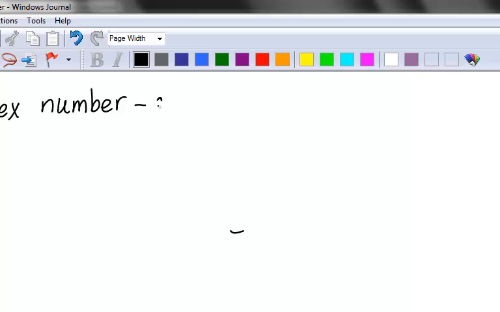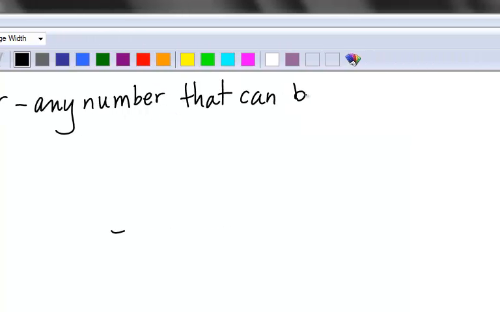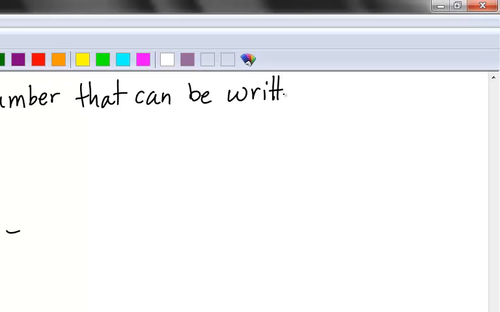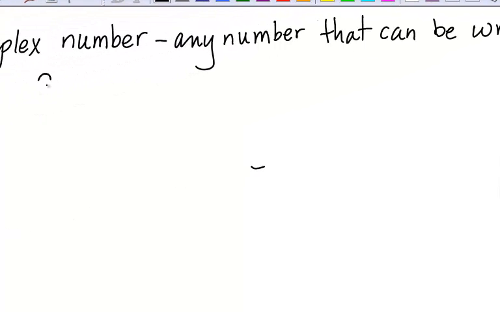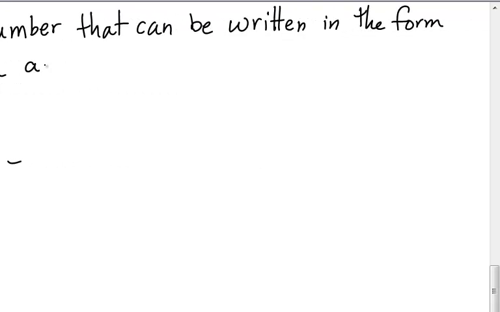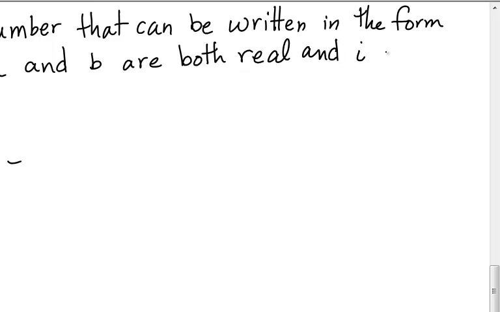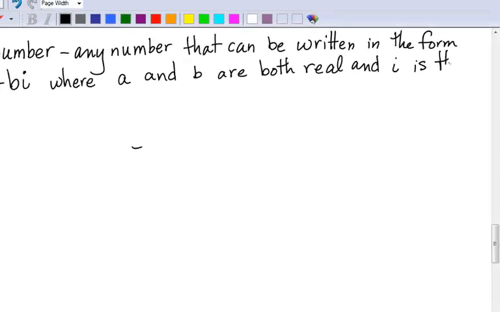A complex number is any number that can be written in the form a plus bi, where a and b are both real and i is the imaginary unit.